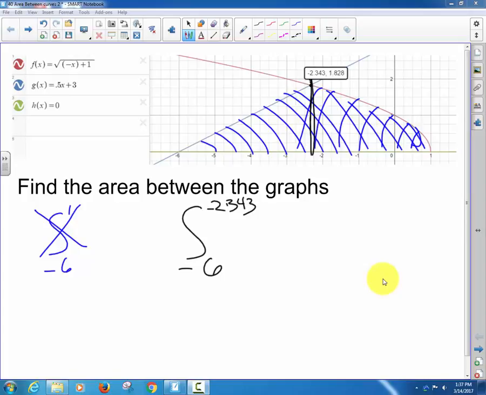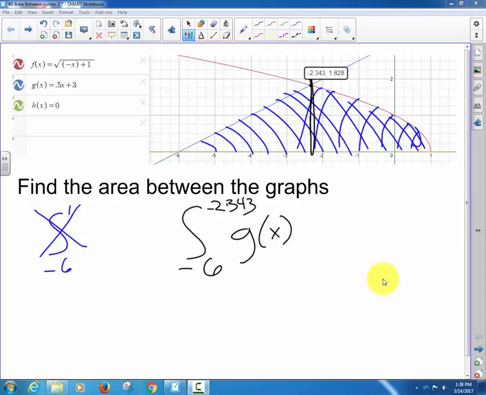And what's the top function there? F, G, or H? From -6 to -2.34 here, is it F, G, or H? It's going to be G, isn't it? G is our blue line. This is the top. Okay, some of y'all were thinking red, right?